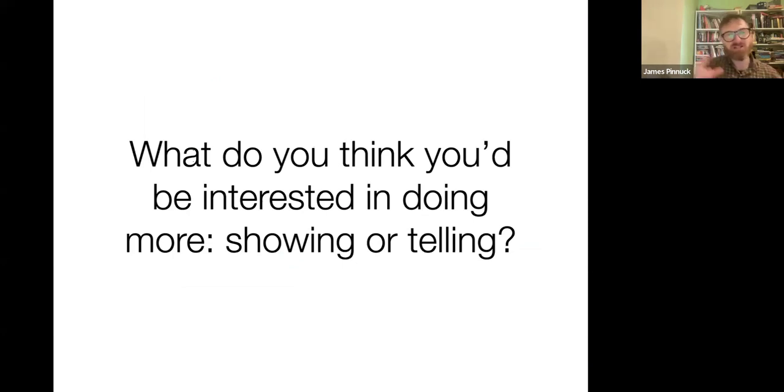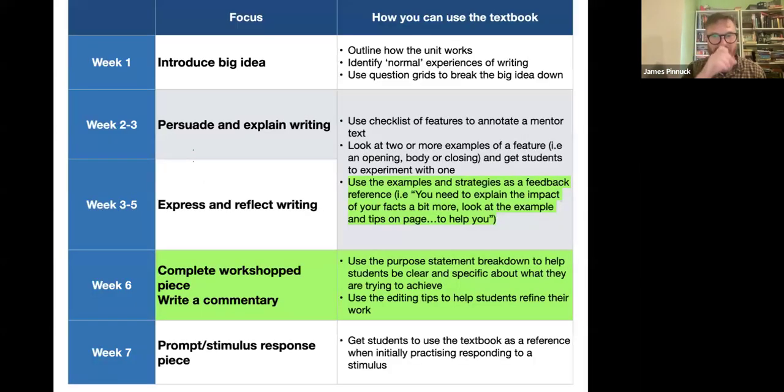So once kids are clear about the overlap but differences between express and reflect writing, they can think about, well, what's an idea they have that they could either express or reflect on, and what are they more interested in doing? Expressing, writing some type of story or piece that shows an idea, or are they more interested in telling, by relating and telling their personal experience about an idea.